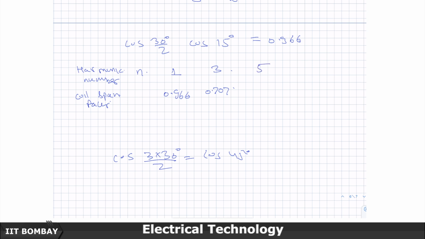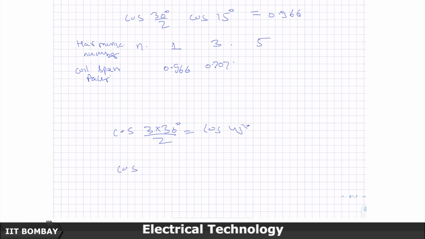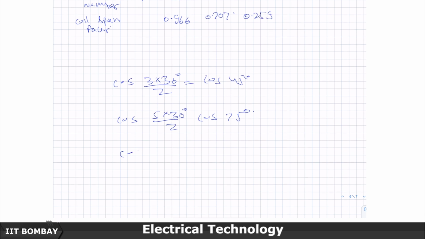For the fifth, it is cos of 5 into 30 degrees by 2, cos 75 degrees, which comes even closer to 0. So, I get 0.259.